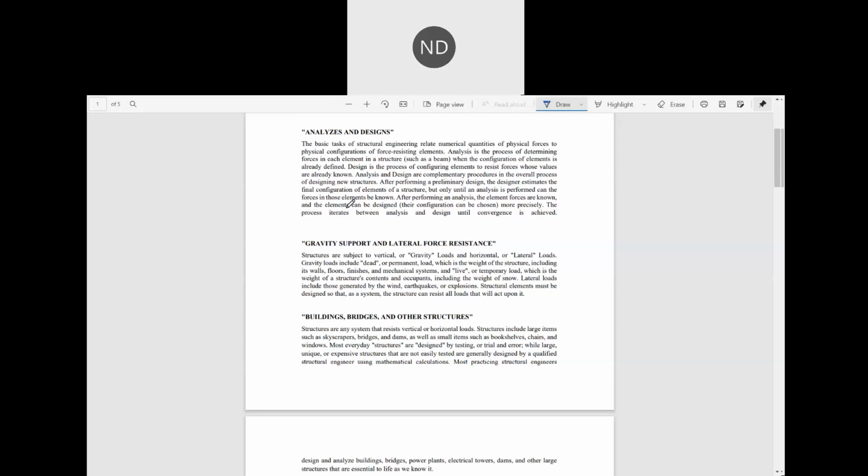Then they have to analyze and design. The basic task of the structural engineer is related to numerical quantities.